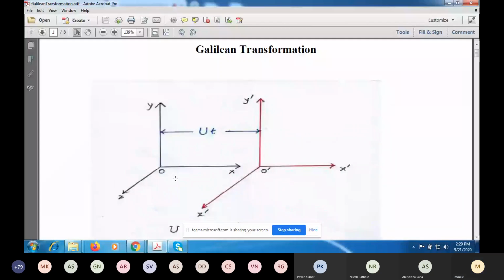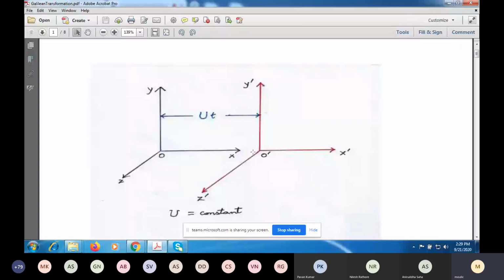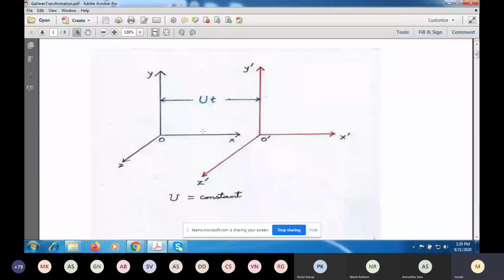Suppose you have a reference frame which is fixed, that's the one in black on the left, and you have a reference frame which is translating, that is the one on the right. I can have a point somewhere here, and describe the coordinates of the same point by the triplet x, y, z or the triplet x prime, y prime, z prime. For simplicity, we can choose a coordinate system such that O prime x prime is parallel to x, and at time t equal to 0, they are coincident.